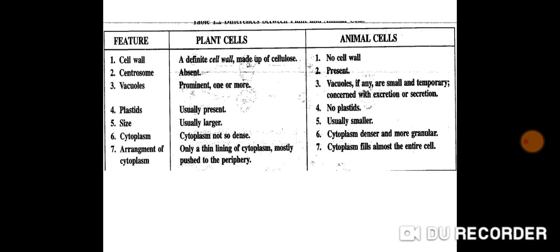Cytoplasm is not dense in plant cell, while the cytoplasm is more dense and granular due to the presence of a wide range of specialized organelles, organic and inorganic compounds, enzymes, hormones, etc. in animal cell, and hence the denser arrangement of cytoplasm. In plant cells it's only a thin lining of cytoplasm, mostly pushed to the periphery, while the cytoplasm fills almost the entire cell in case of animal cells.